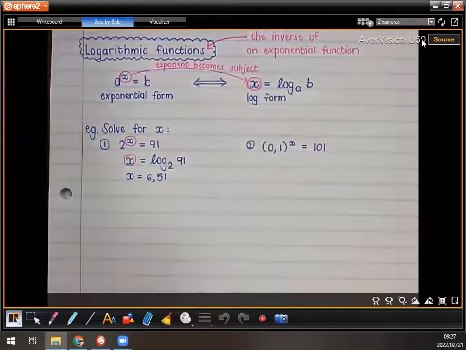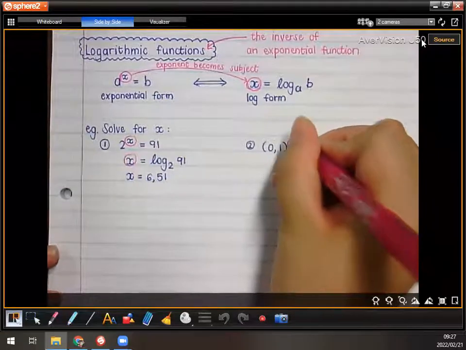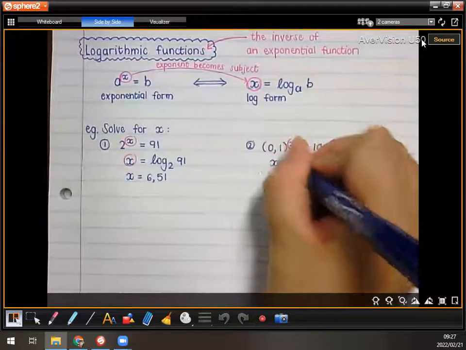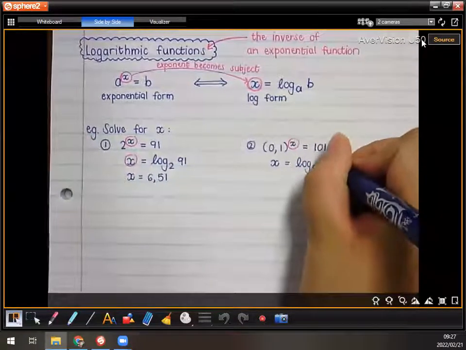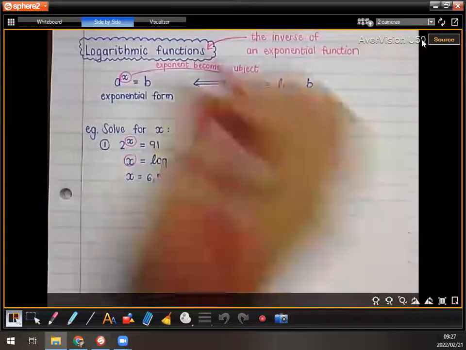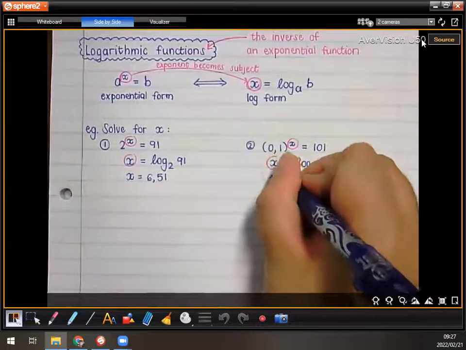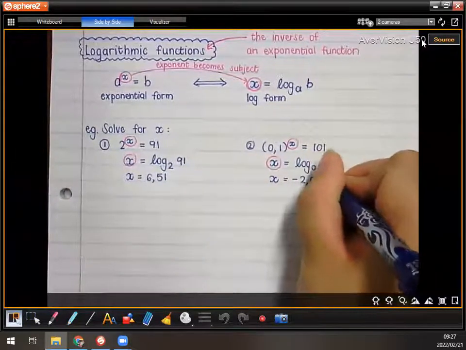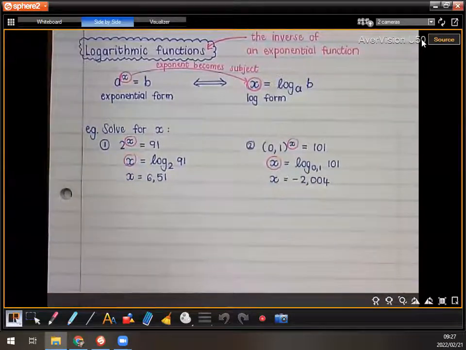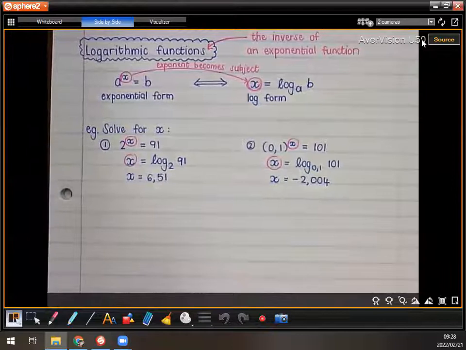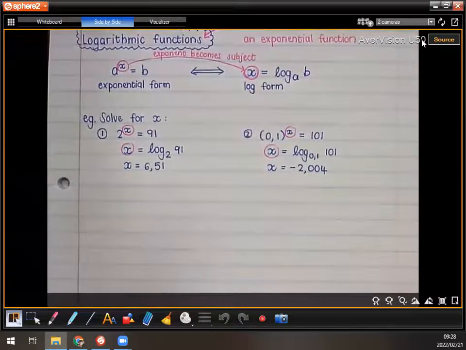All right, but this is now just a way of solving the ones that you can't. For this one, round it to 3 decimals. All right, there you go. Negative 2,004. Yes.